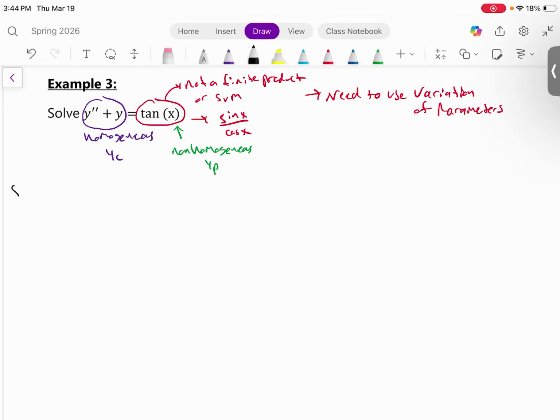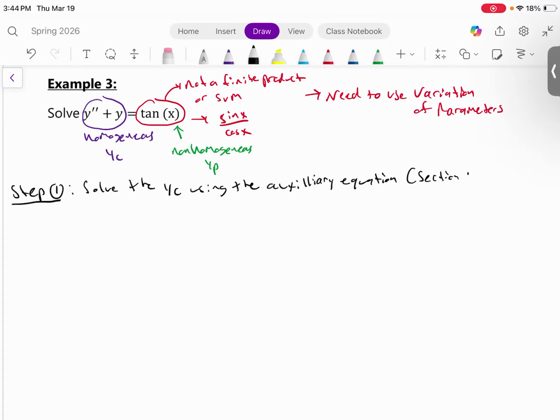So step one, solve the complementary solution using the auxiliary equation. And that's from section 4.3. Our homogeneous component is y double prime plus y equals 0.